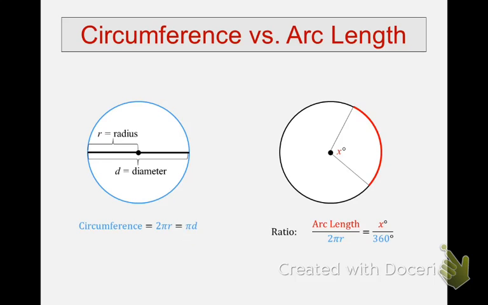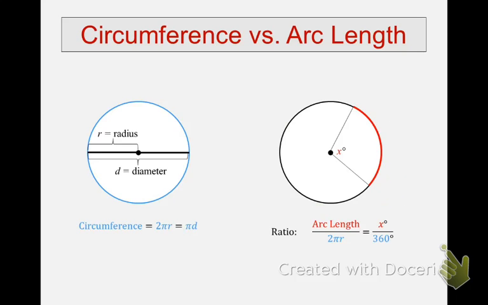When you guys are finding an arc length, notice that in the second picture, rather than highlighting the whole entire distance around, I've said, hey, I just want to find a portion of that distance. Okay? You can do that by setting up similar ratios. So in other words, if you were to take the arc length distance and put it as a fraction around the whole entire thing, basically what you're saying is what portion of the pie does that section make up?